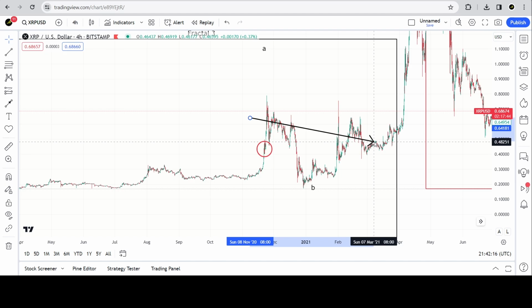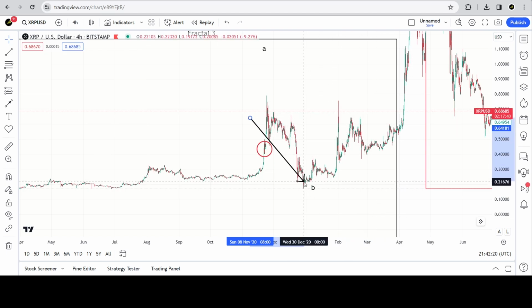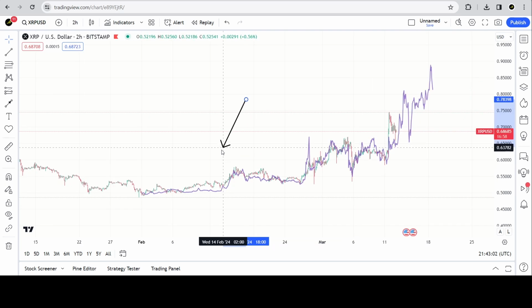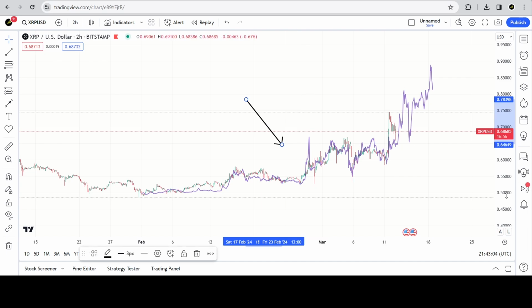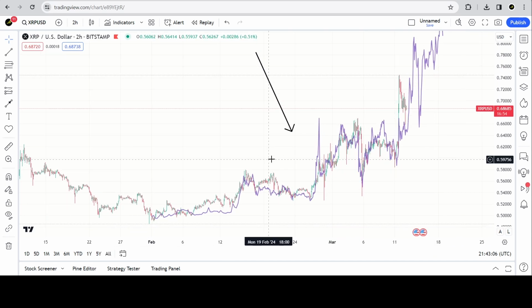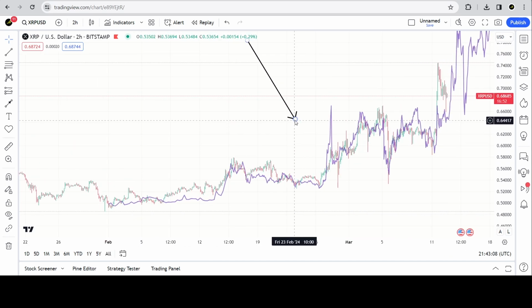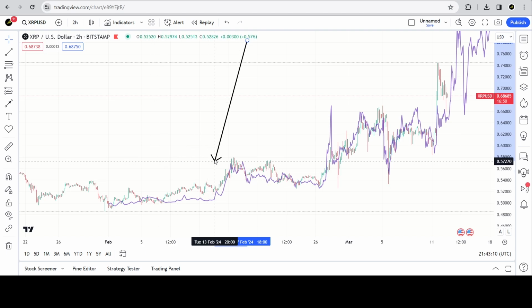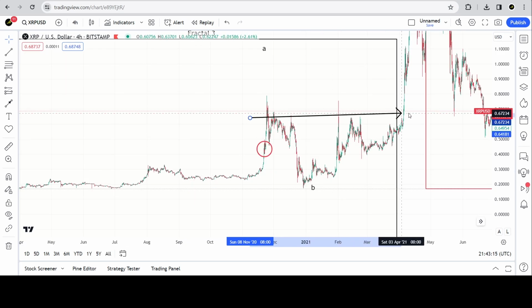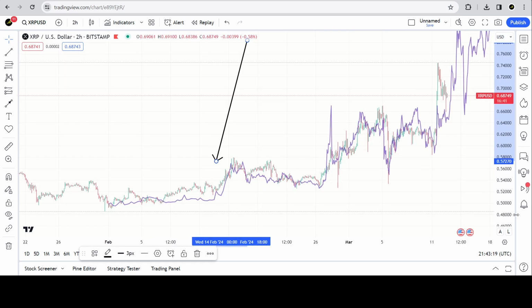So what I'd like to do next is copy this part of the structure and paste it onto today's chart. Okay, so this is where things get a little confusing. So this is the move up, that is this right here, and pasted onto today's chart.